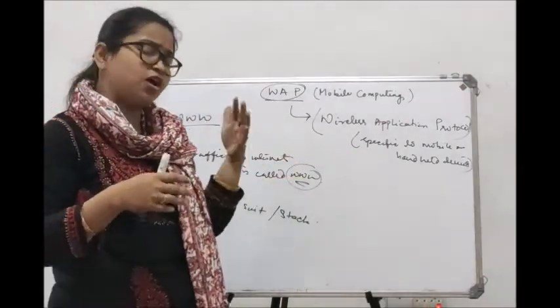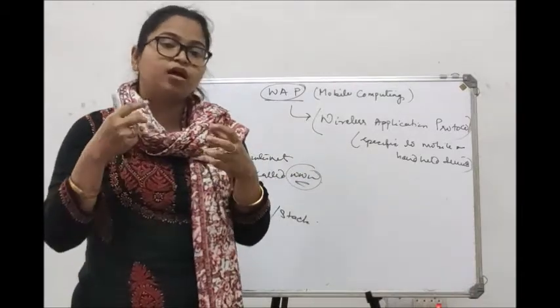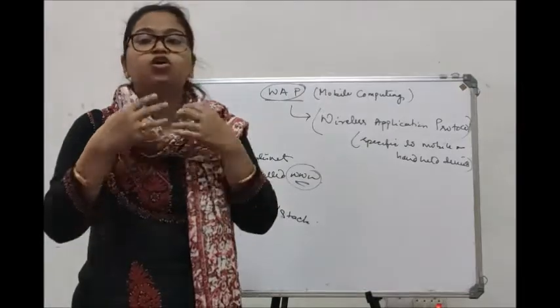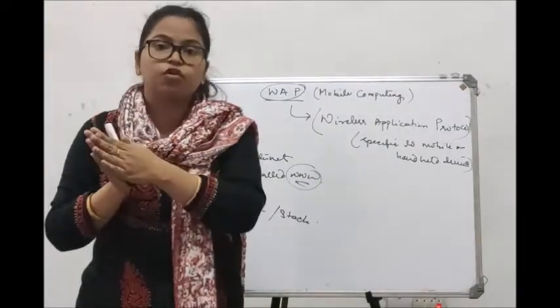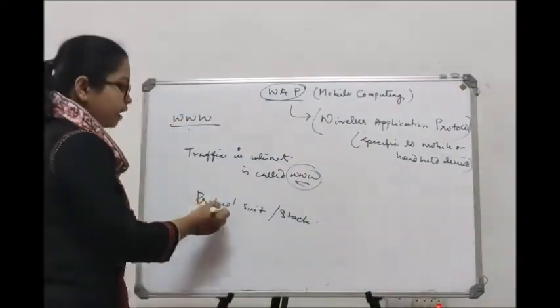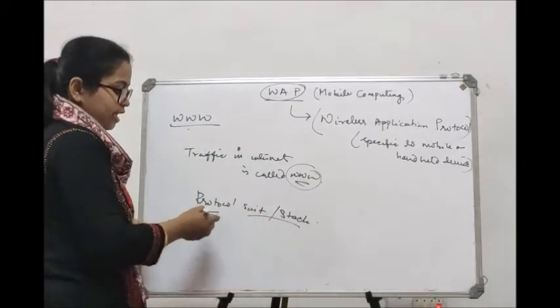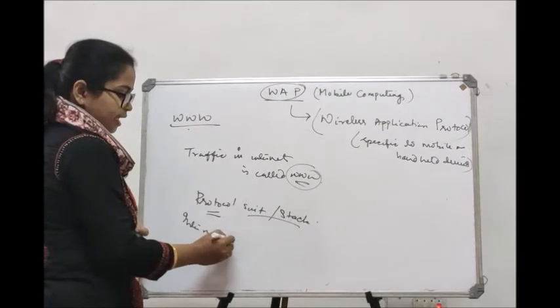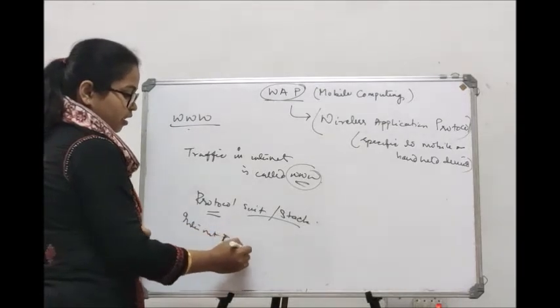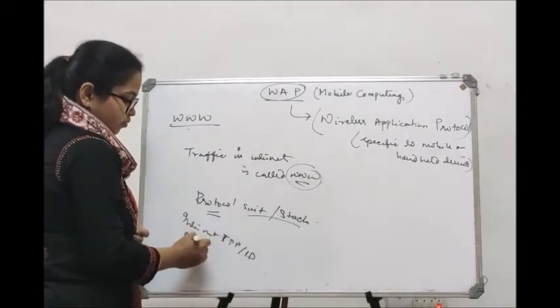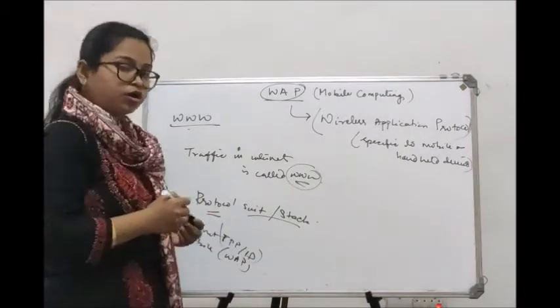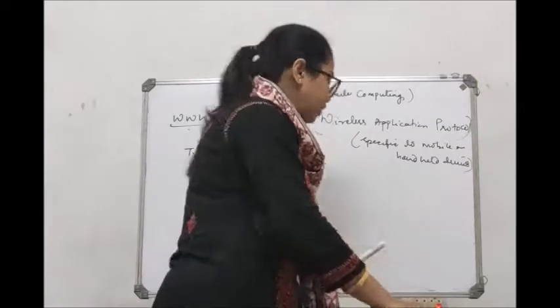How to check the flow, what if the receiver or sender is overwhelmed with a lot of packets, which route to follow, all these are addressed in the protocol suite stack. In the internet we use TCP/IP, and in mobile devices, mobile computing, we use WAP. I hope you got the idea what WAP is.